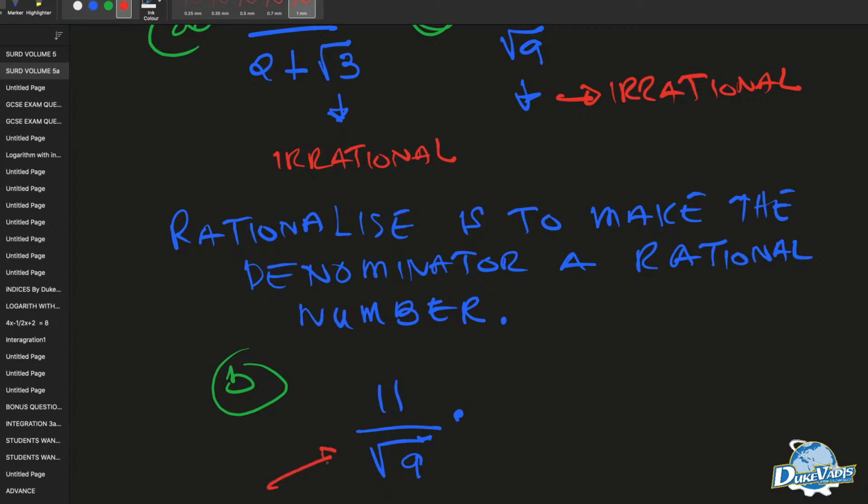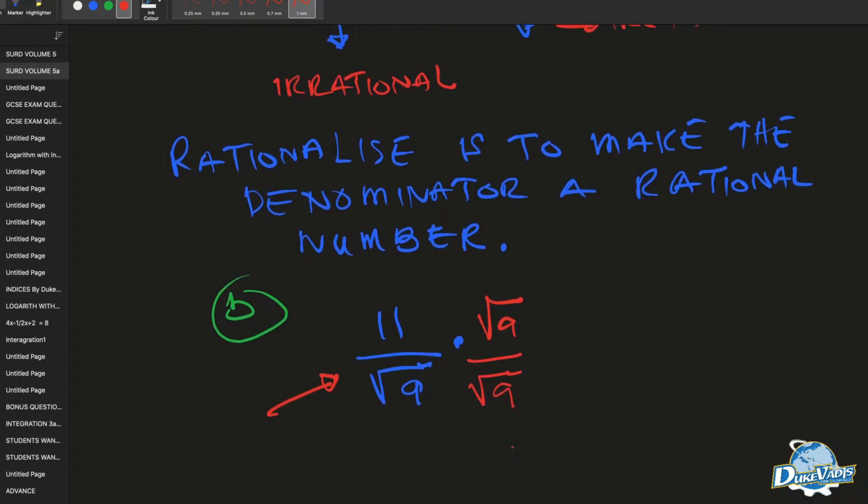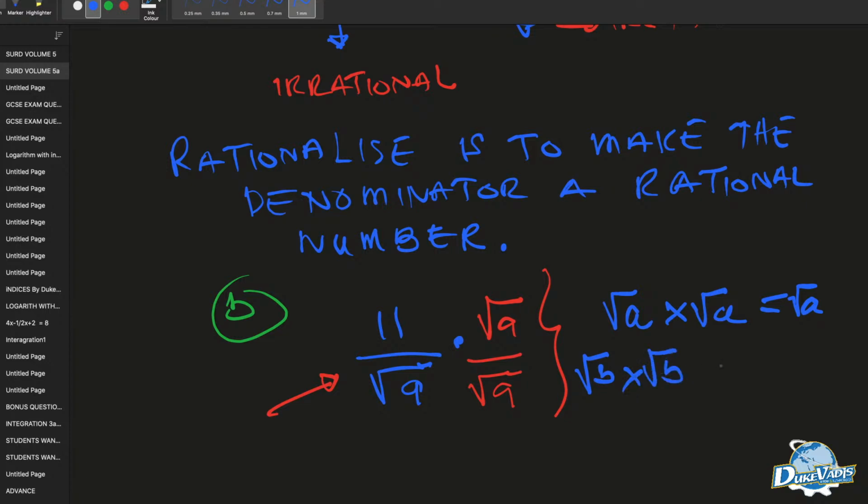At the moment my denominator is surd 9, so I'm going to multiply the top by surd 9 and the bottom by surd 9. Remember what we said yesterday: if I have surd A multiplying surd A, the answer is A. If I have surd of 50 multiplying surd of 50, I'm going to get 50.